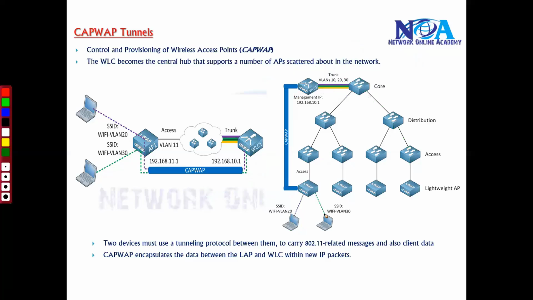So basically, this is a backend process that uses the CAPWAP tunnel, and inside this tunnel all the user traffic is encapsulated. It includes all 802.11 related messages and the client data.